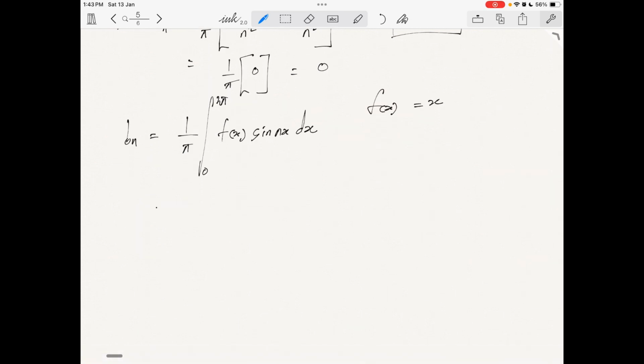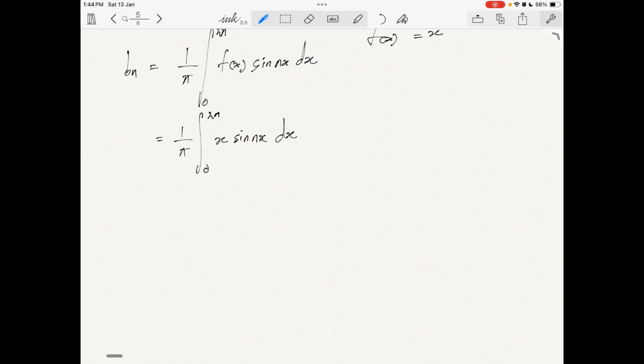So this will give us 1 over pi integral of 0 to 2 pi of x sine nx dx. Now we recall what we did with u and v, because when we integrate uv, we have u v1 minus u prime v2 plus u prime prime v3, and it continues.